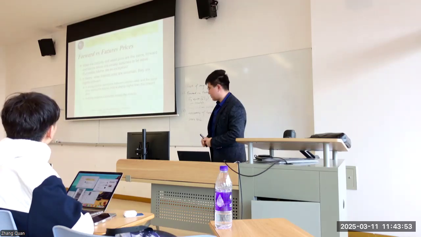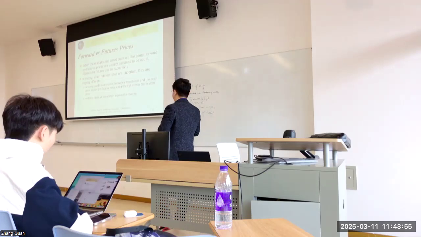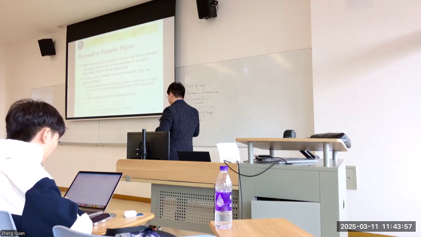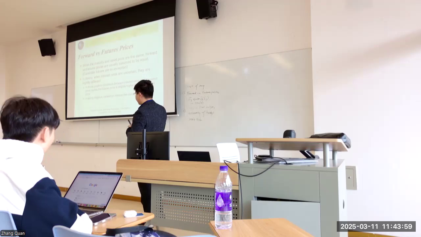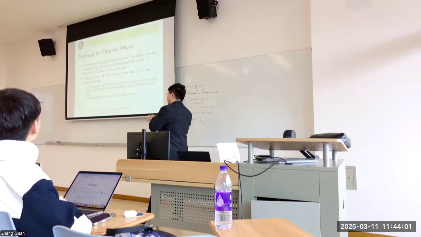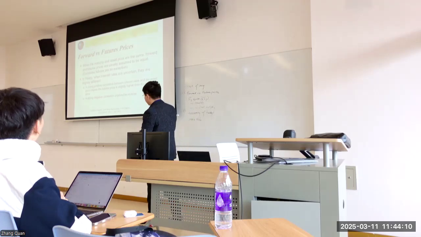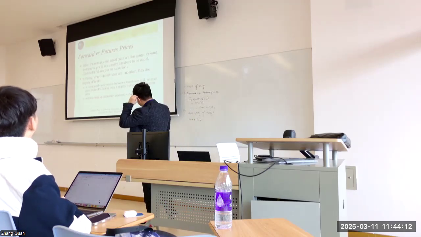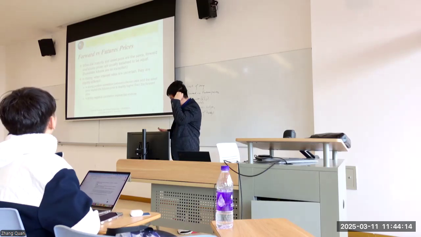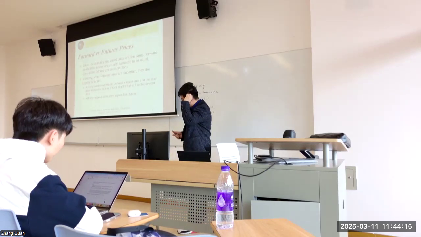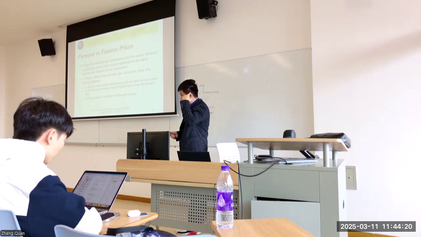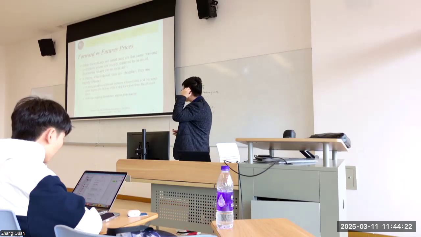We have two more points. One point is about the forward price and the futures price difference. Until now, we tend to mix up the forward price and the futures price. We tend to mix them together and say they are very likely the same. In practice, this is also true, because the designation of both contracts is virtually the same, although the requirements are slightly different.